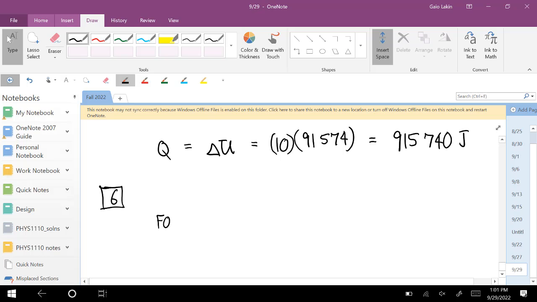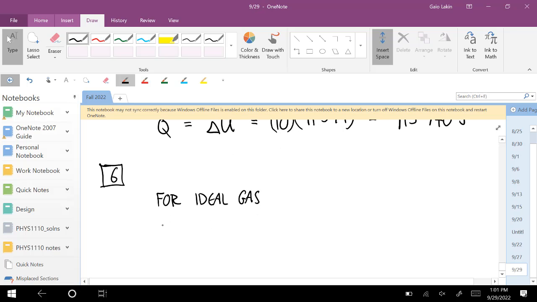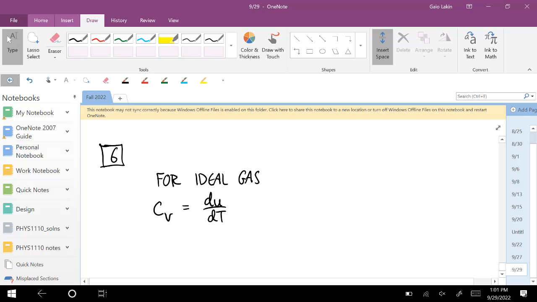Okay, so for an ideal gas, Cv is dU/dT, and Cp is Cv plus R. That R is not the universal gas constant. That's the one specific to the gas you're talking about.